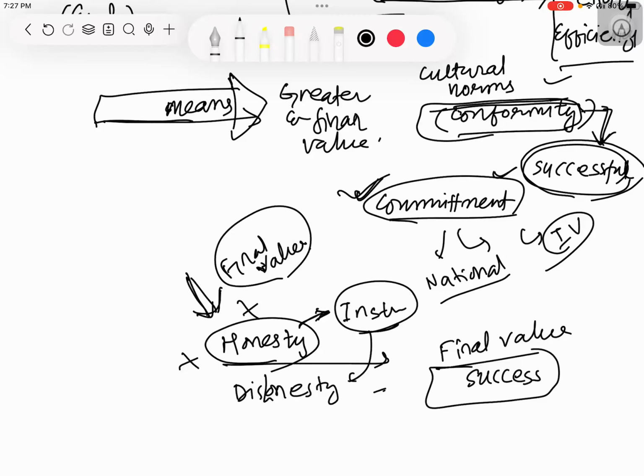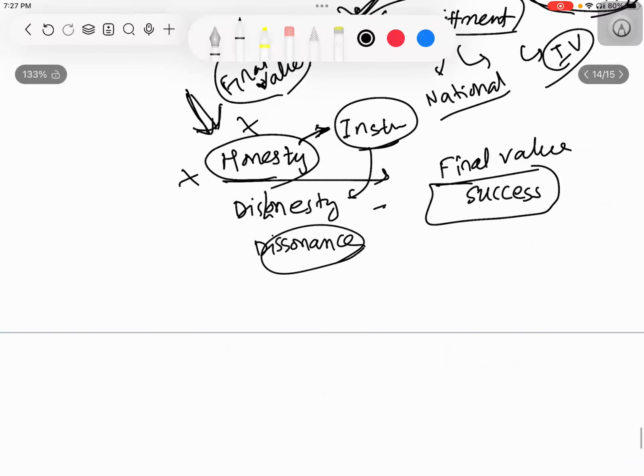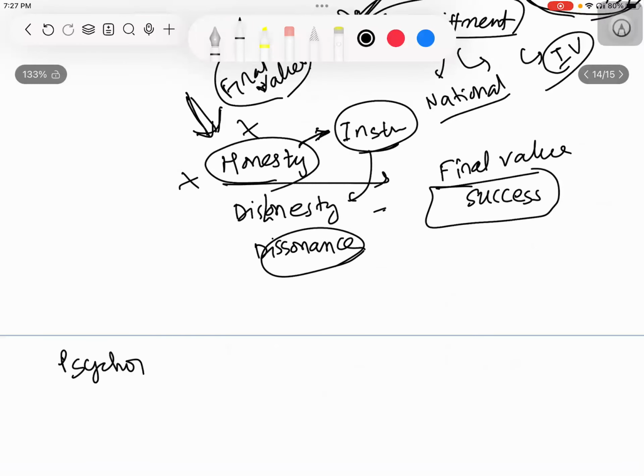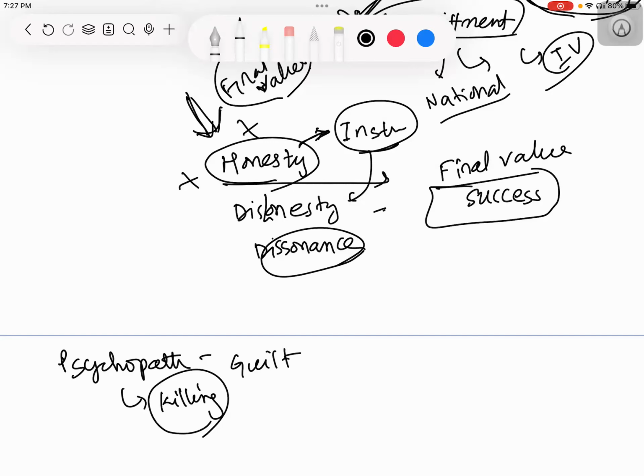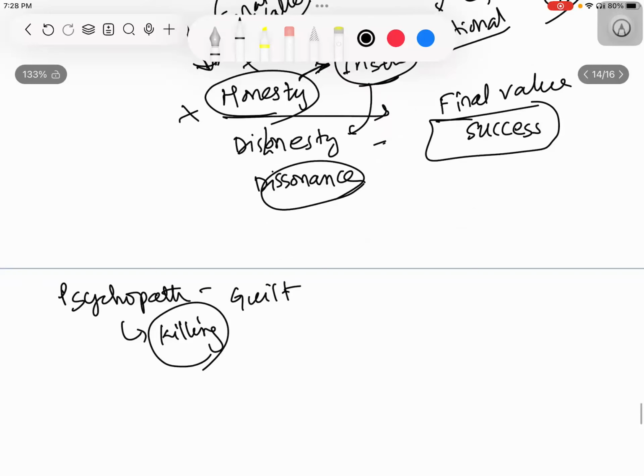When dishonest, he or she feels cognitive dissonance. To give you another example, there are many psychopaths and sociopaths who can kill in cold blood, do anything, and feel no guilt. For them, killing is an end value in itself, that means the intrinsic value is killing. But there are other people who are killing, for example soldiers.